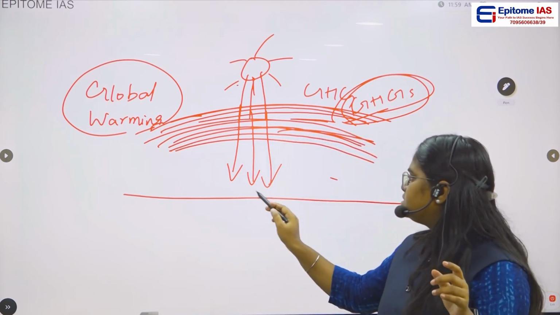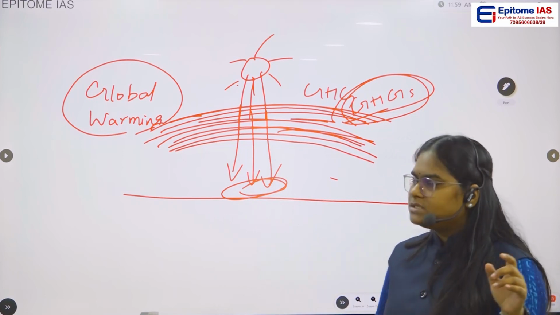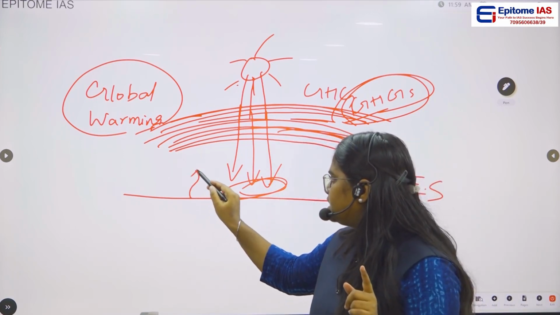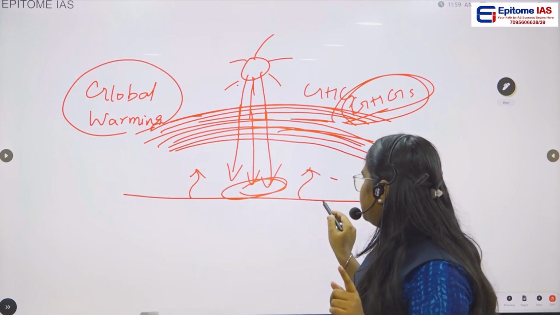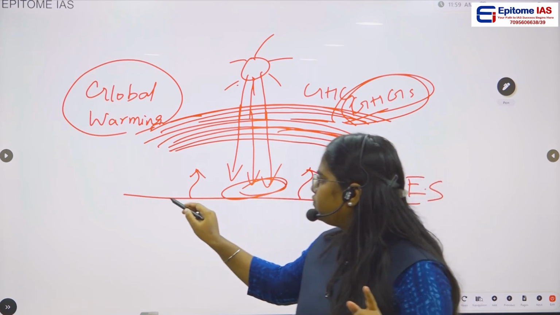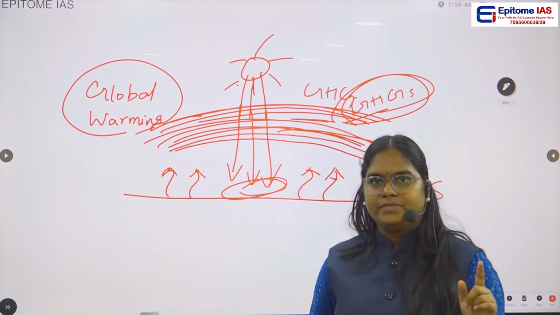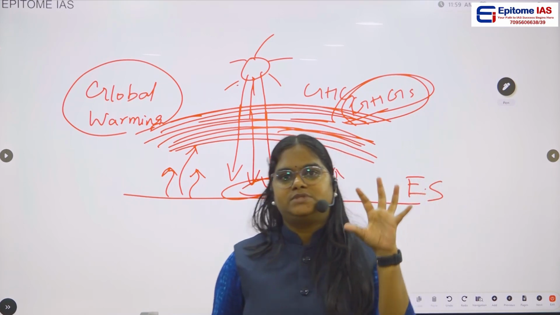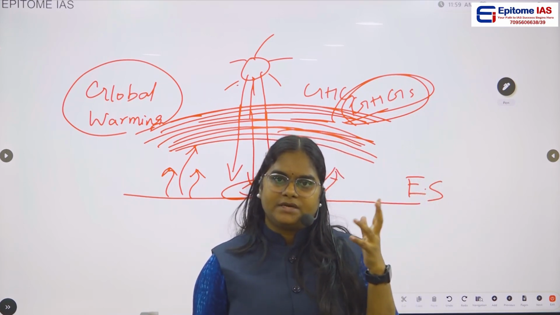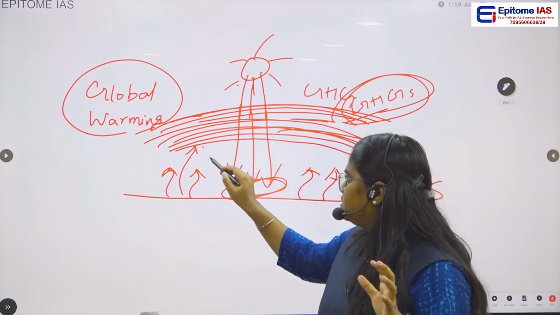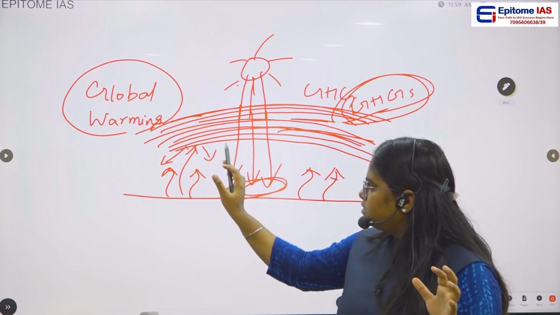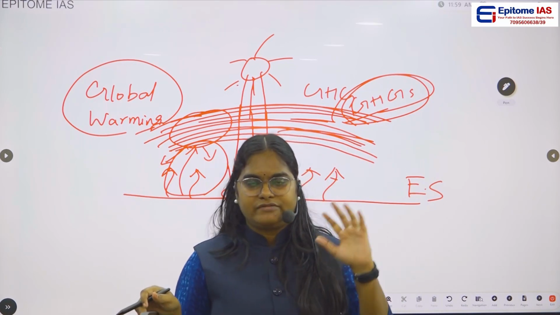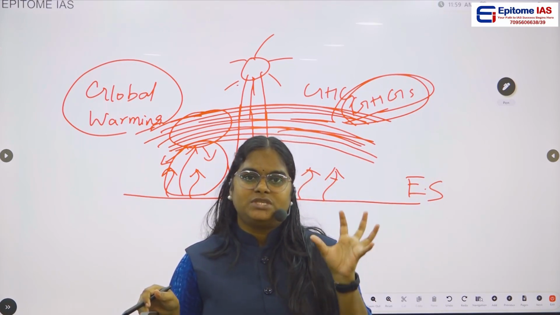And once this solar radiation reaches the Earth's surface, it starts heating up the Earth's surface, and this heat is again radiated back by the Earth's surface in the form of a terrestrial radiation. Now what happens? This terrestrial radiation is absorbed by the greenhouse gases, and because of this the atmosphere along with the Earth's surface temperature was actually maintained.